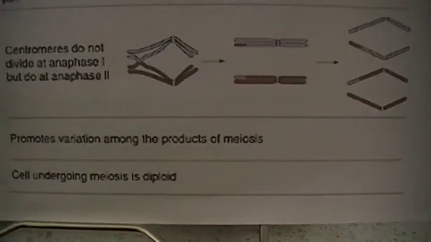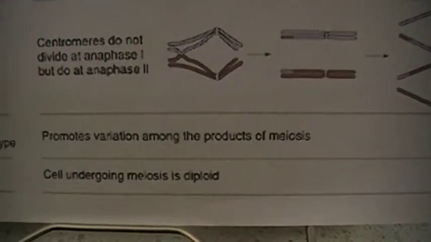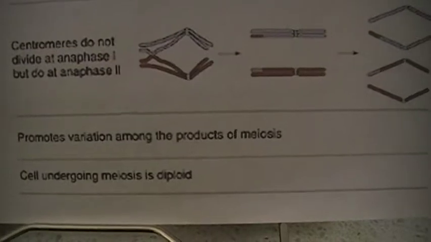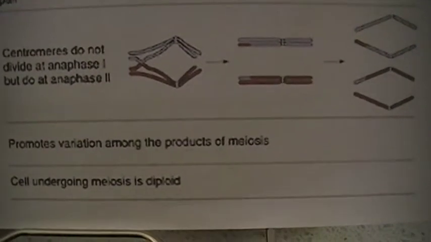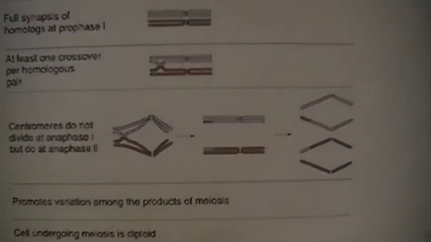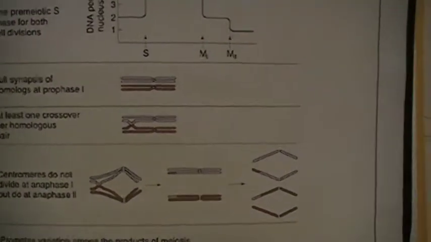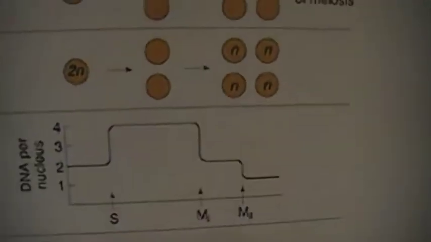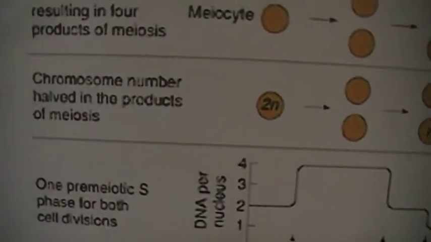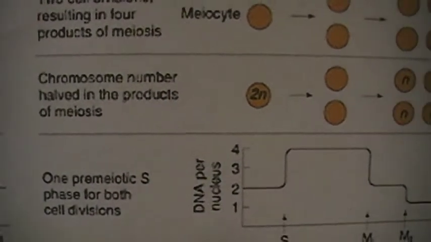Cell undergoing meiosis is diploid. The chromosome number is halved in the products of meiosis.